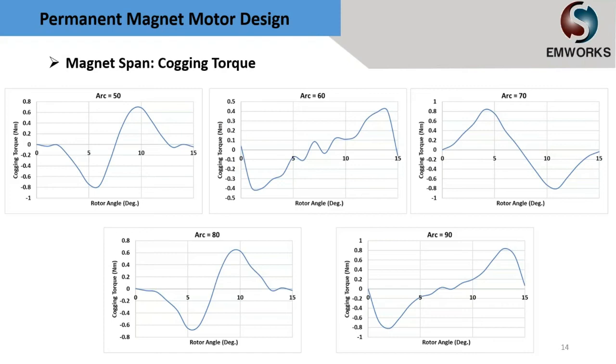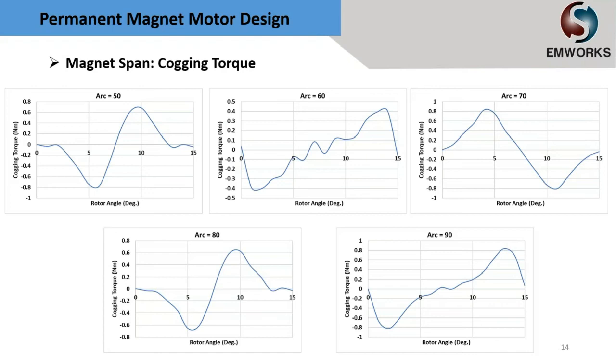First, the peak value of cogging torque, and second, the rotor position where the peak value happens. Despite where the peak value happens, all the plots are almost the same with phase differences.